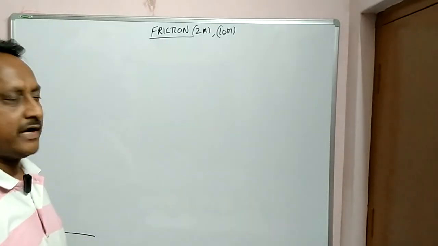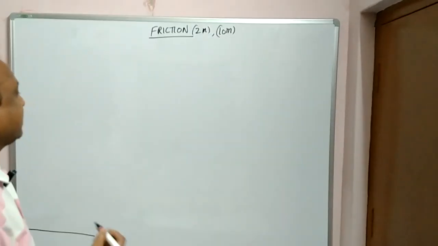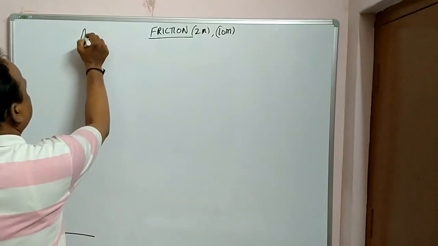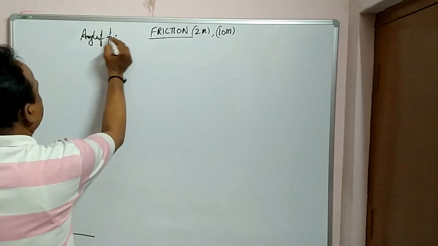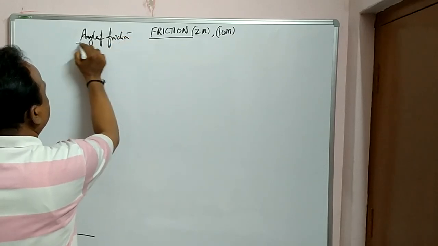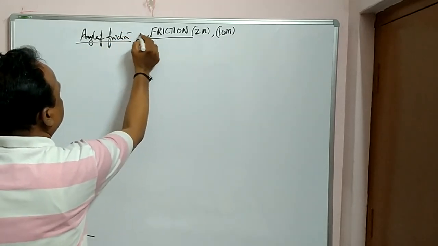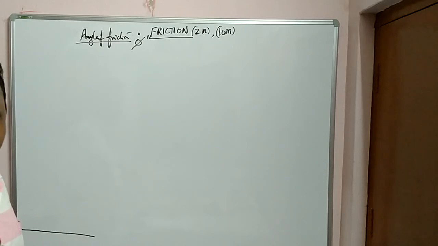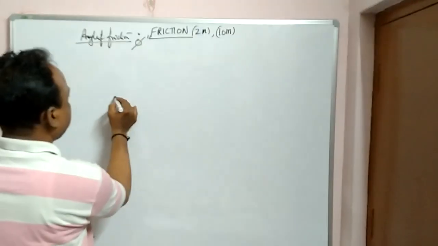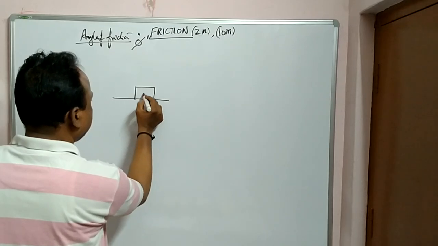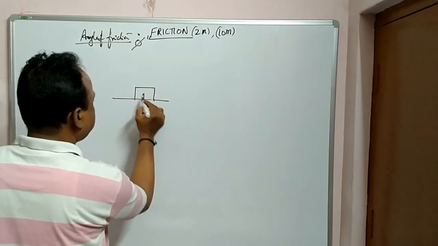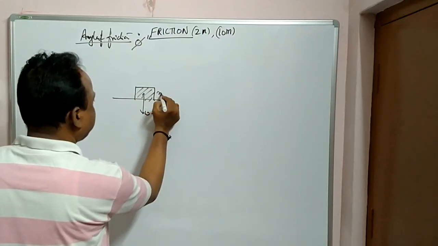Okay, now let us go to the next part of friction, that is the angle of friction. Let us see what is meant by angle of friction. Look, suppose this is a block with weight acting downwards, having mass m.